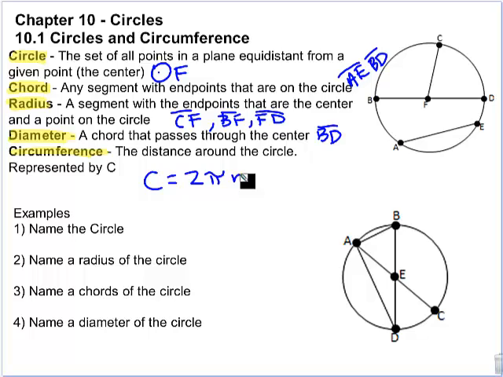What's the relationship between the diameter and the radius? Exactly half. So the diameter is equal to what? 2 times the radius. So if the diameter is 2 times the radius and the circumference is 2 pi r, what's another option for a formula for circumference?